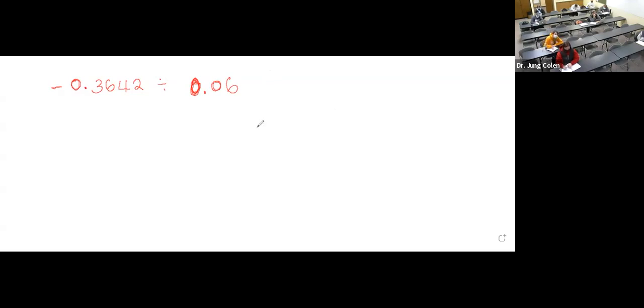How would you divide negative 0.3642 by 0.06? Okay, I want everybody to solve it on the paper.